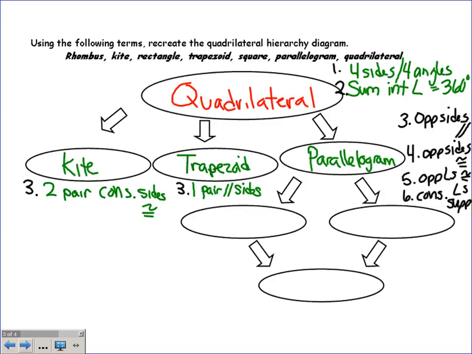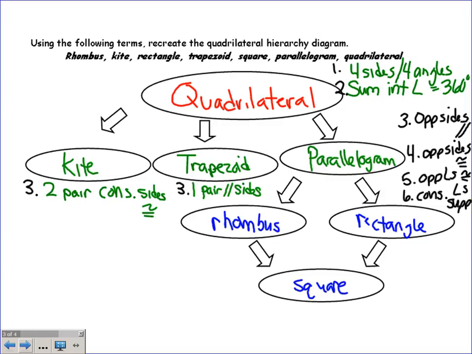Alright, we're moving down this tree here. Okay. Not every parallelogram. We'll put a rhombus over here. We'll put a rectangle over here. The very bottom is a square. Okay, rhombus is going to inherit the 2 characteristics of a quadrilateral, correct?